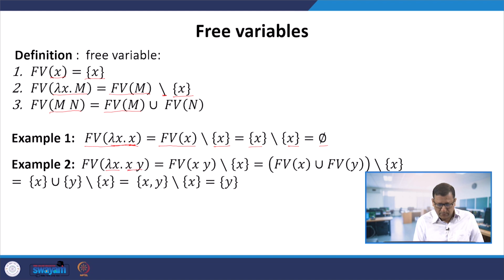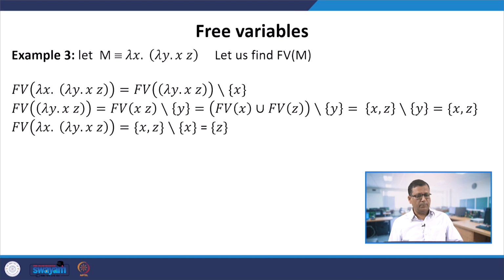We know y is a free variable. Let us compute it as per this definition. We have free variable of xy set difference x. Free variable of xy will be free variable of x union free variable of y, that is x union y. Set difference x, it will be y. So we have got the free variable of this lambda term as y.